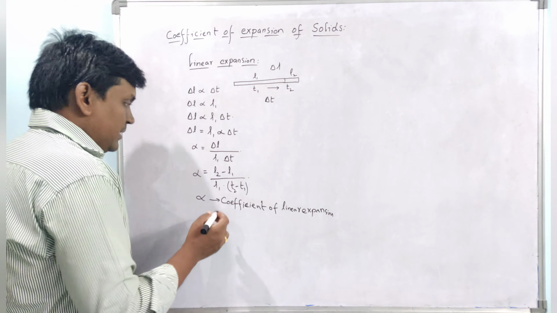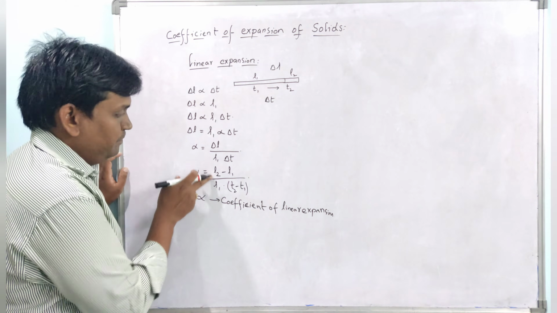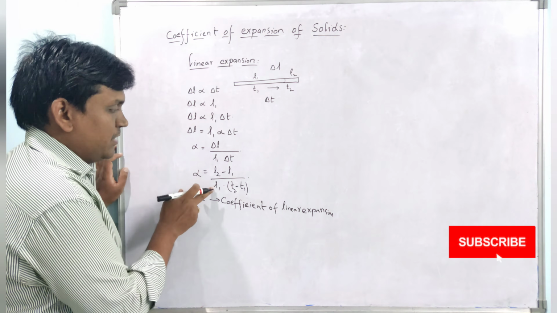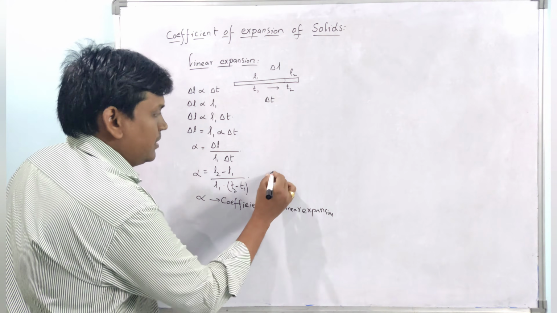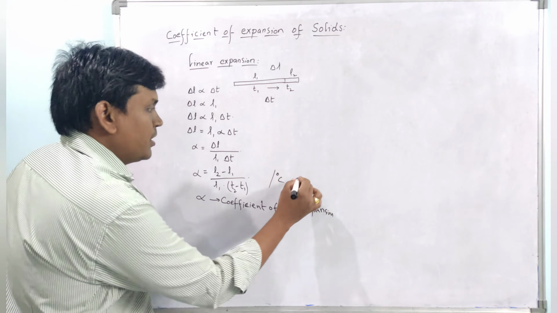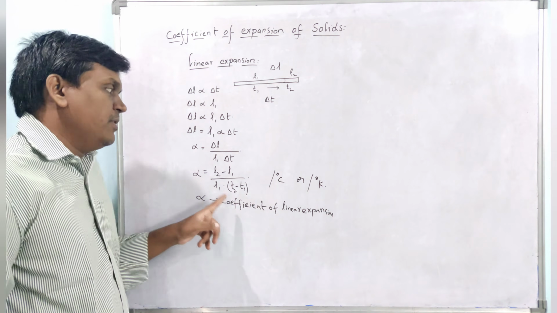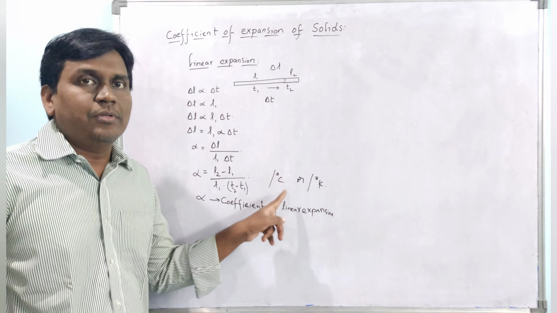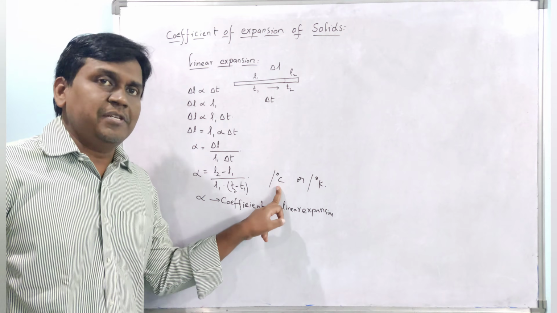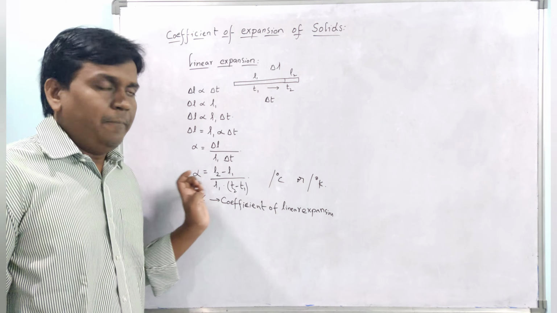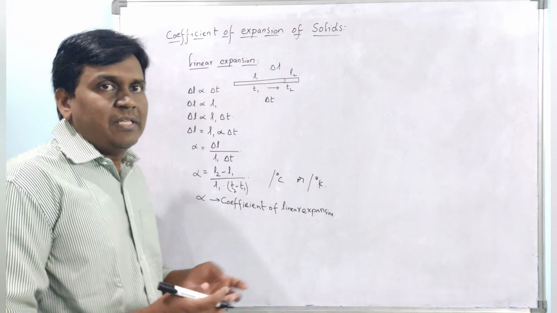So the unit is per degree Celsius or per degree Kelvin. This alpha value changes according to the scale of the temperature. If it is in degree Celsius, the alpha value will be one value; if it is in degree Kelvin, the alpha value will be some other one.